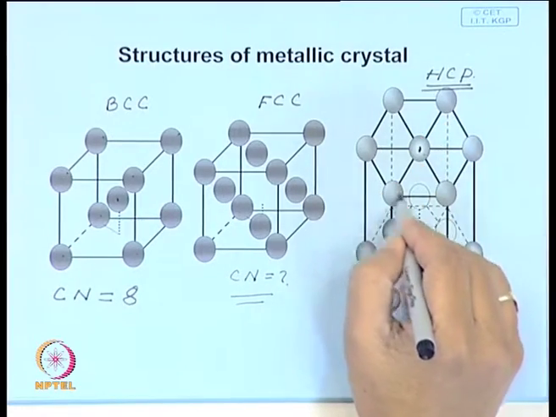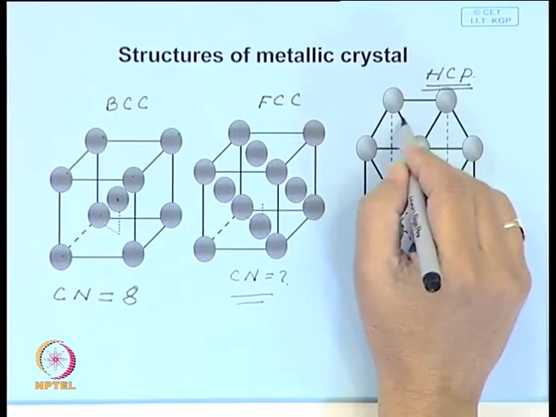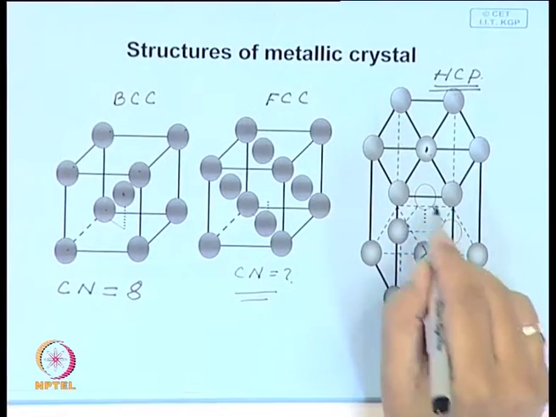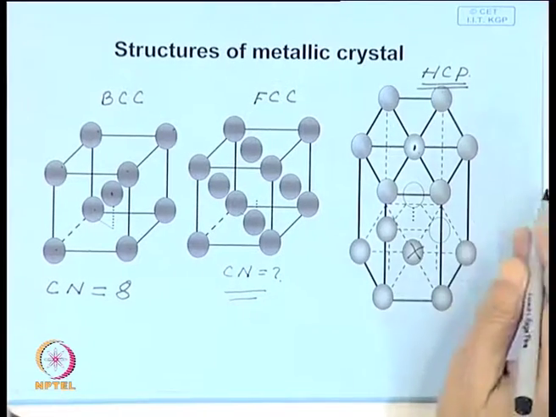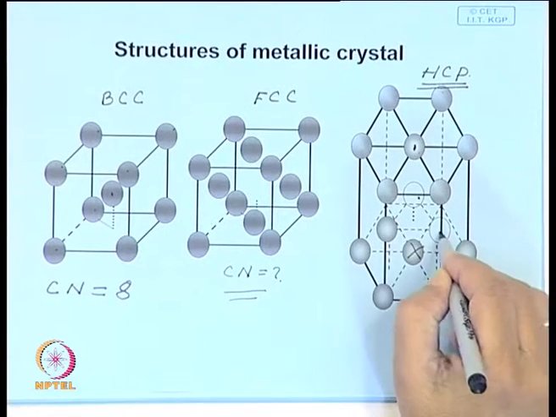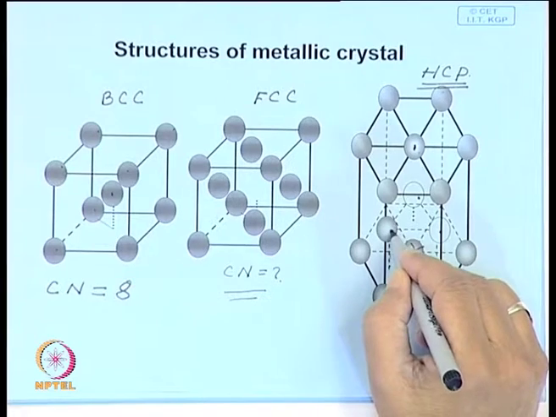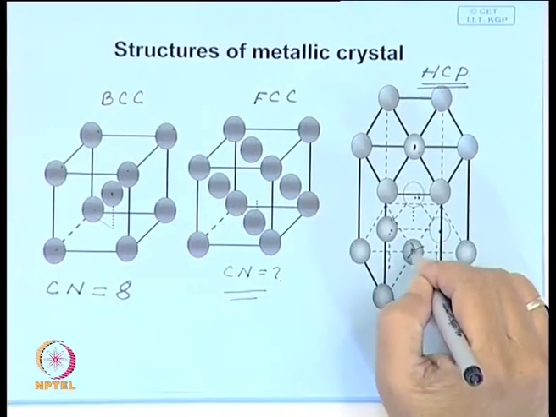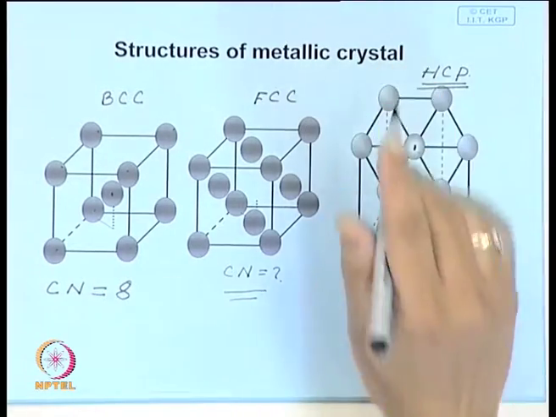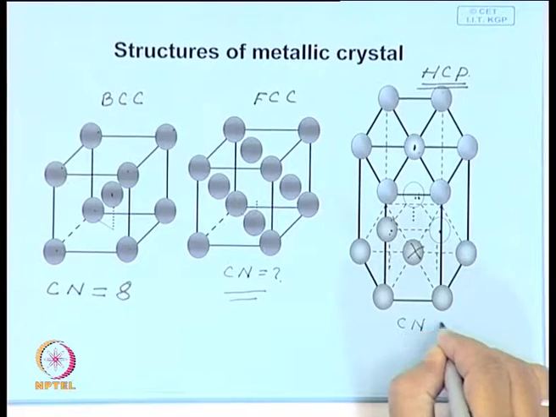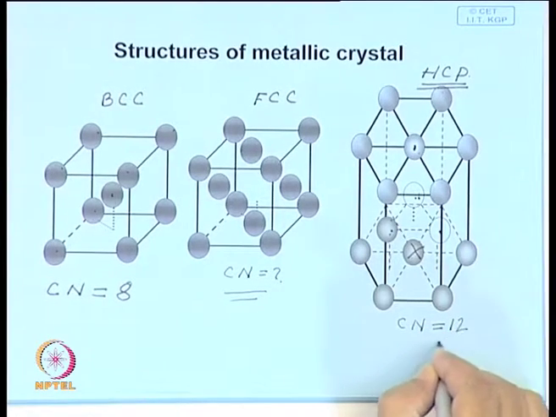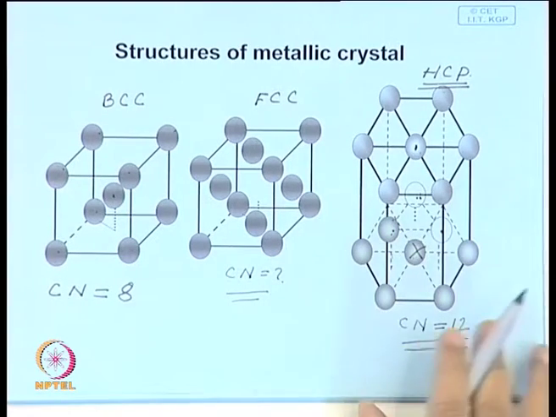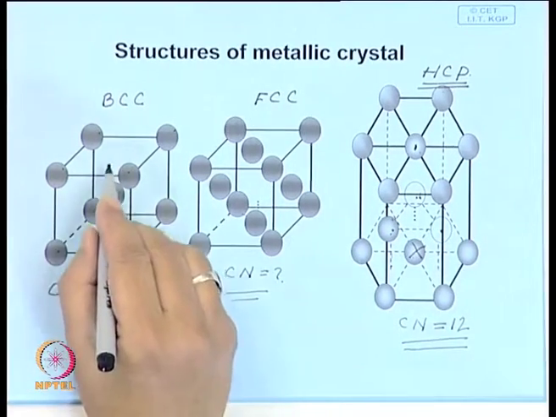You have 6 in the plane, 3 neighbors here, 1 over here, 1, 2, 3, and similarly 3 at the top. So in this case the coordination number is 12. This is the maximum coordination number you can have in a crystal structure, in this case metals.